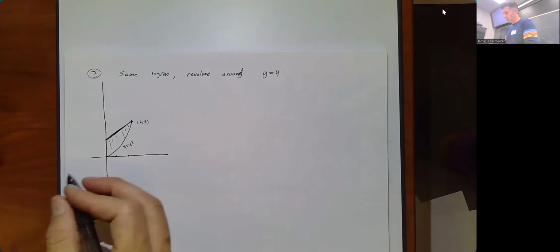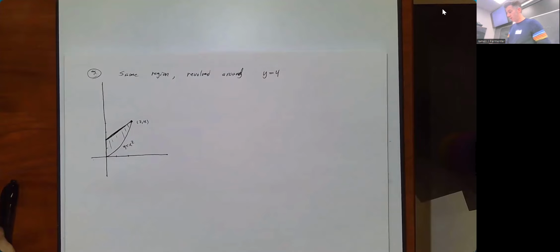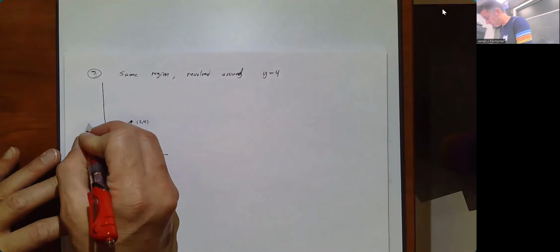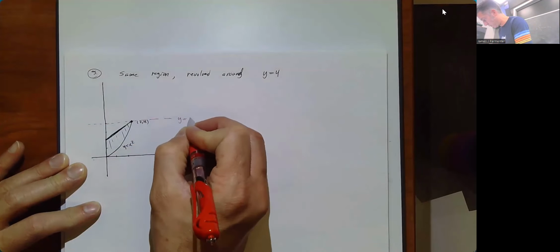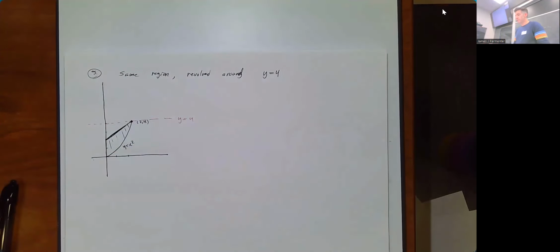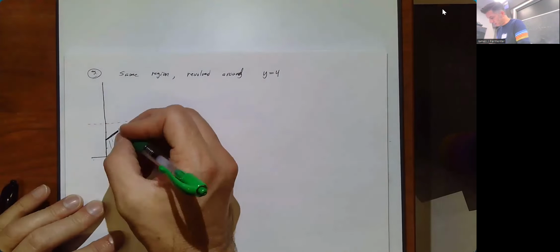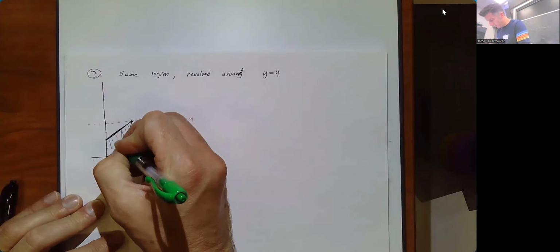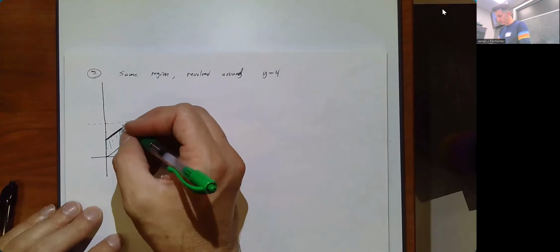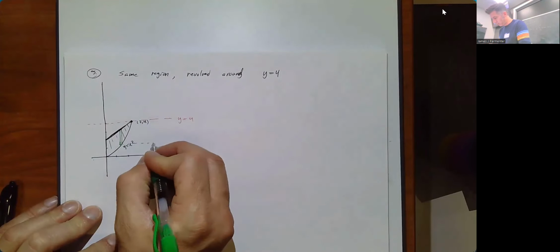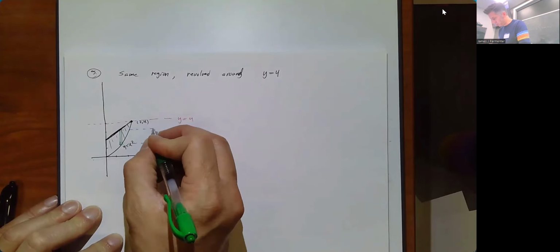But here, our axis of rotation is not cutting through the region. It's actually just barely right there. So there's our line y equals 4. So if we're going to rotate around that line, my little vertical strip, still vertical because it still has to be perpendicular to the axis of rotation, is going to rotate this way here.